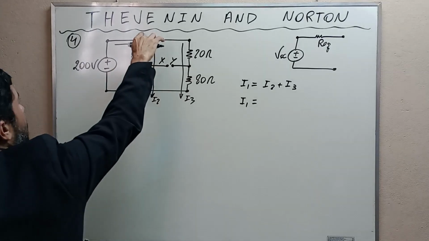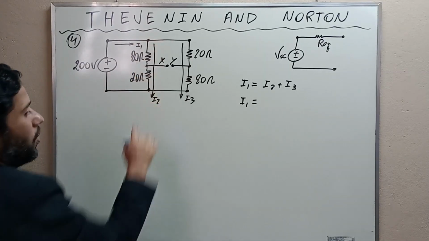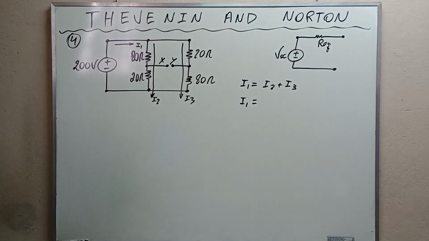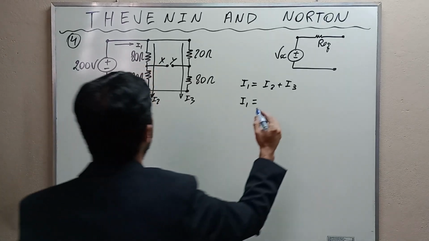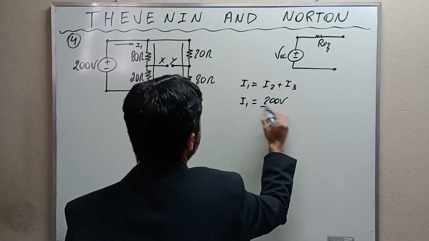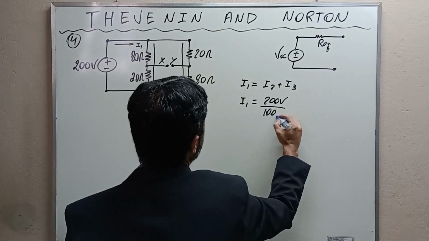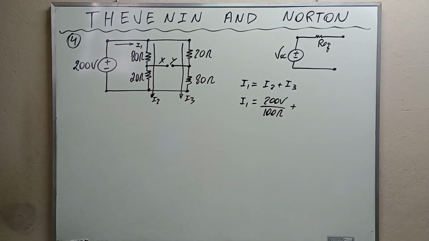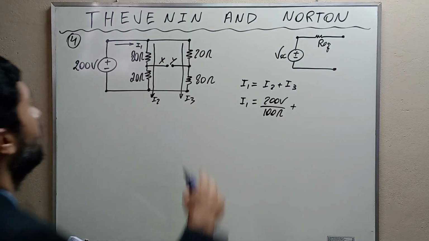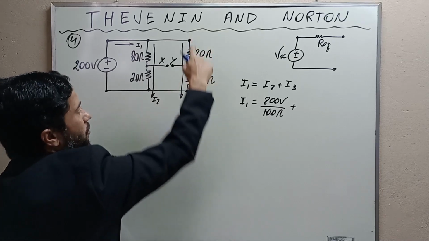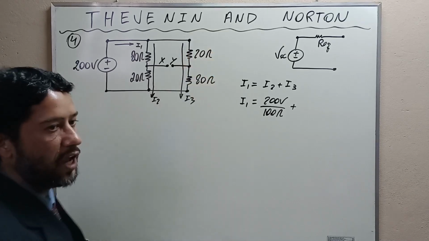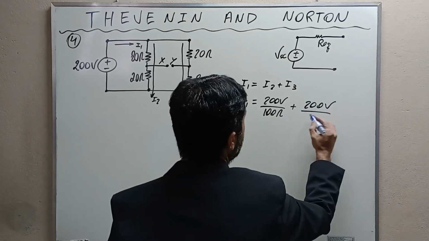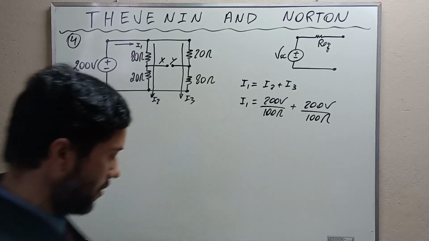The voltage on top of the node is 200 volts, divided by the sum of the resistances, 200 volts divided by 100 ohms. This is the value of I2, and the value of I3 will be the same. The voltage on top of these resistances divided by the sum of the resistances. Alright, 200 volts divided by 100 ohms. Alright?